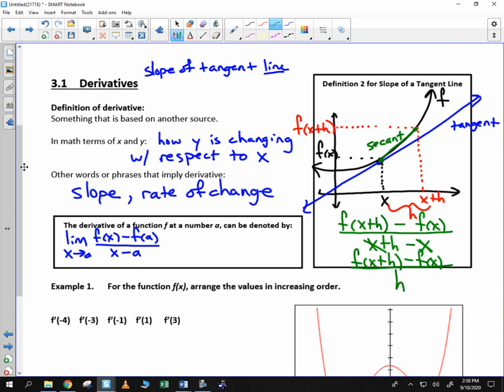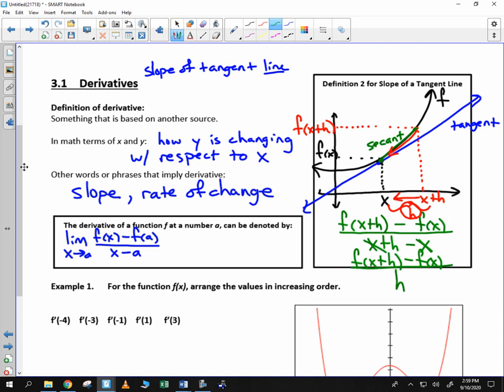If that looks familiar to you, it should, because it came from your pre-calculus class last year. And that's the slope of the secant line. In order to do the tangent line, we draw that point closer. We draw x plus h closer to x. If x plus h gets closer to x, what's happening to h?